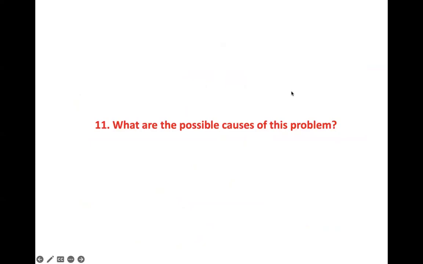Okay, so what caused these problems? How come? Any group want to answer? Any group that hasn't answered yet? We have 7, 9, and 11. Group 7, what are the possible causes of the problem?